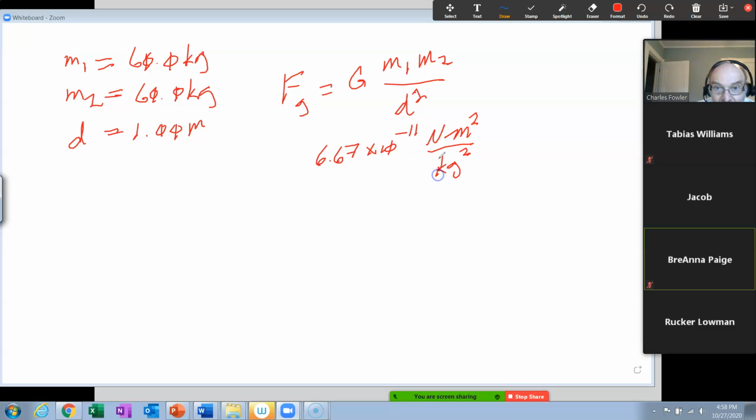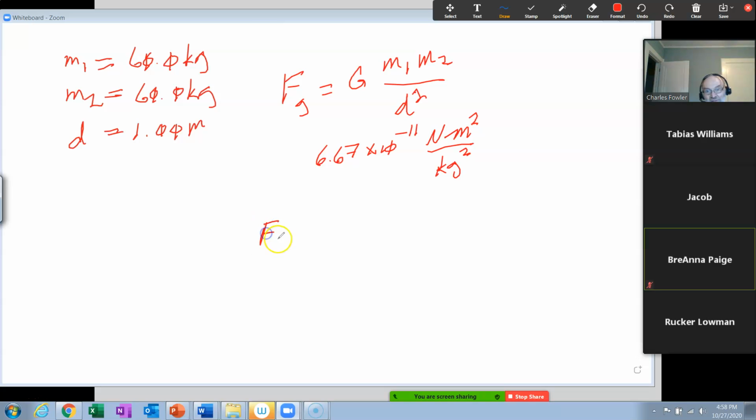Weird units on it, but that's what it is. But notice how terribly tiny that number is. That's 0.0000000000667. That's a very, very small number. So in order to have any attraction at all, these masses have to be incredibly large, and that's why 60 kilograms just isn't going to hack it. And we'll see. Let's do it.